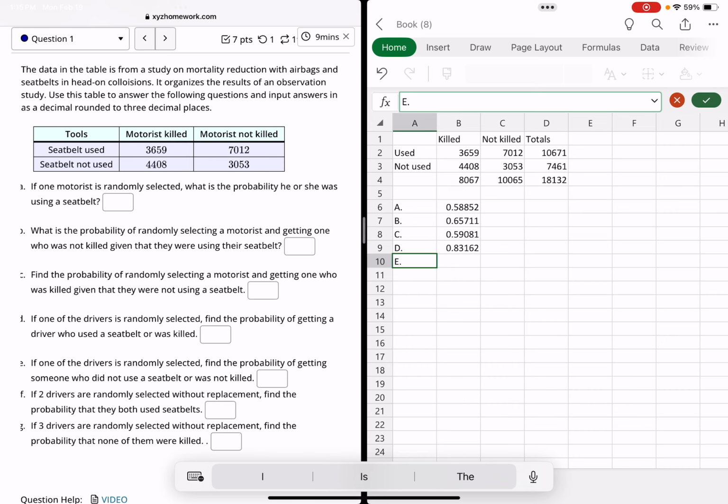If one of the drivers is randomly selected, find the probability of getting someone who did not use a seatbelt and was not killed.